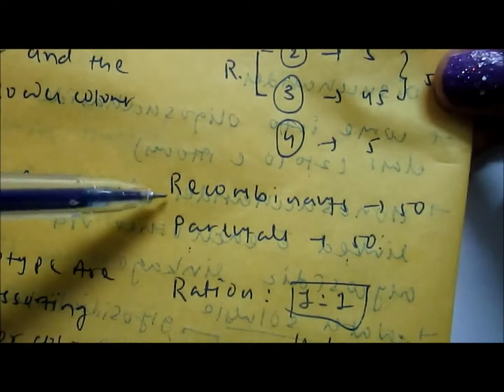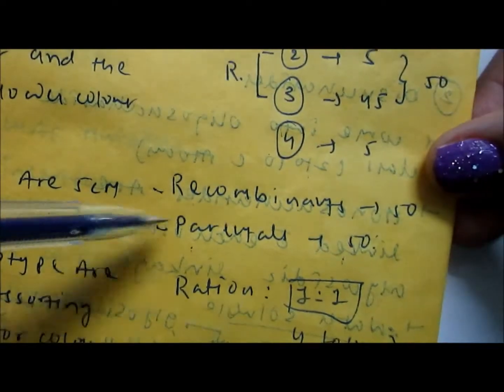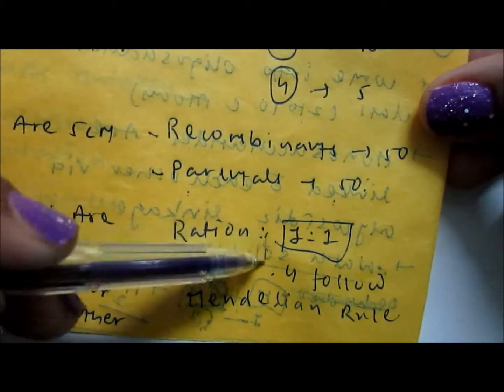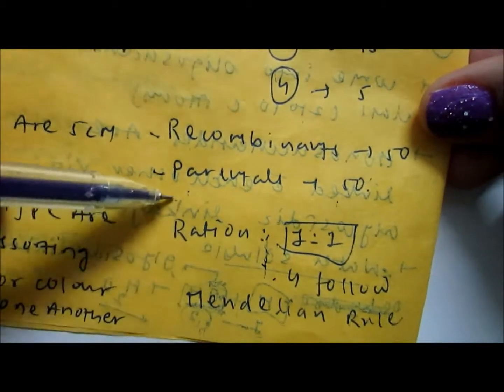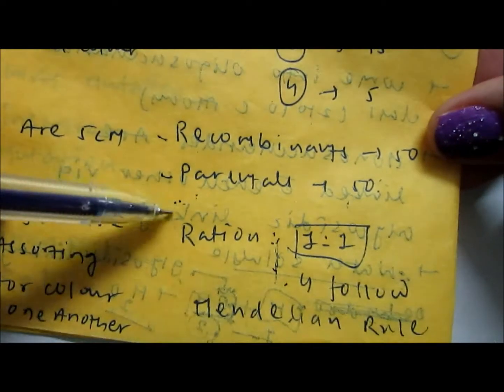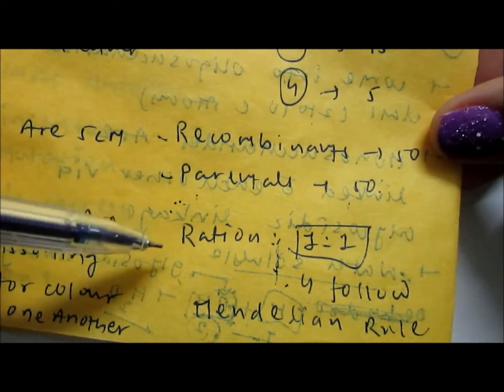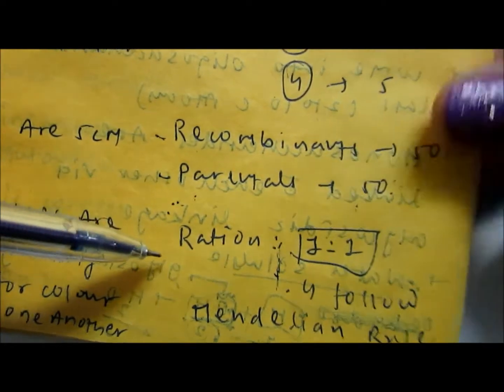So the ratio of recombinant to parental is 1:1, and this 1:1 ratio clearly indicates that the genes are independently assorting, meaning they follow the Mendelian rules of independent assortment as well as segregation.